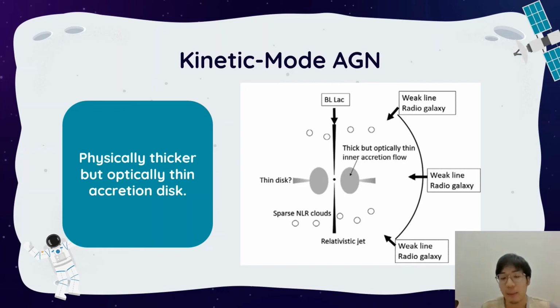So in this kinetic mode, in many viewing angles, you will actually just see a weak line radio galaxy. Unlike radiative mode AGN, which can have a variety of AGN classes depending on the view angle.